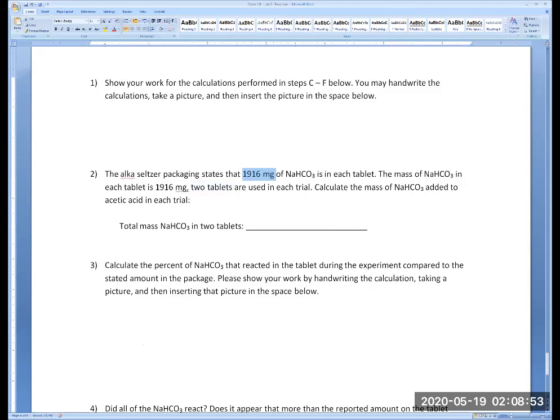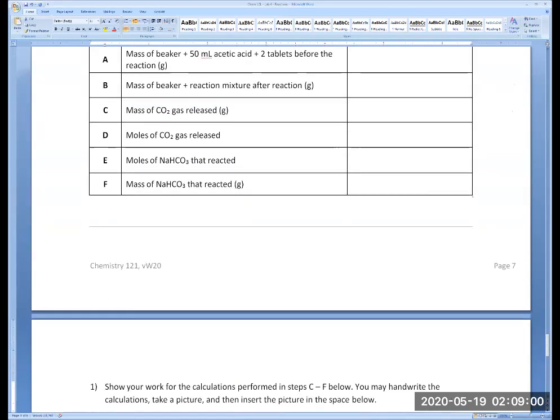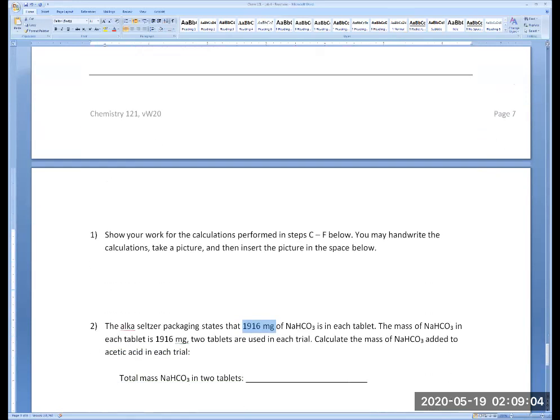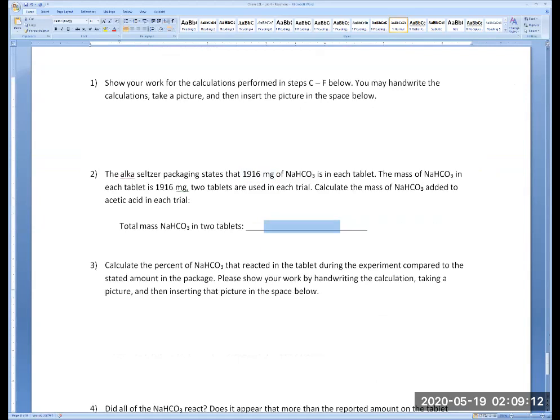Because we are dealing with grams, this is going to be in grams here. The G's here are for grams, not gas. So maybe you want to convert that to grams. I think that would be a good idea to have this in grams, the total mass.